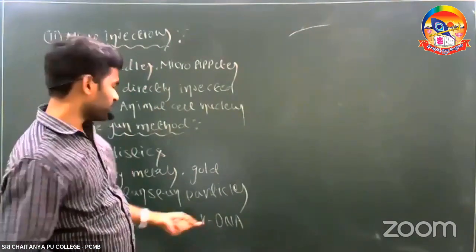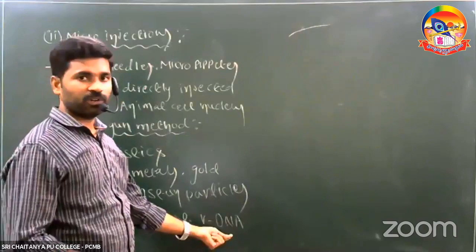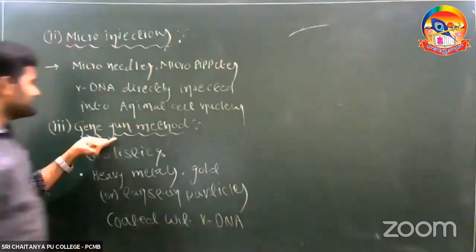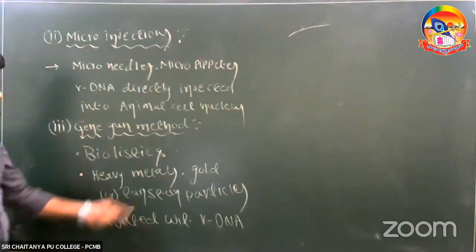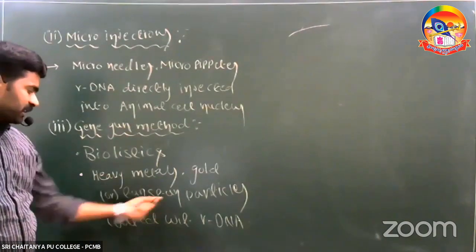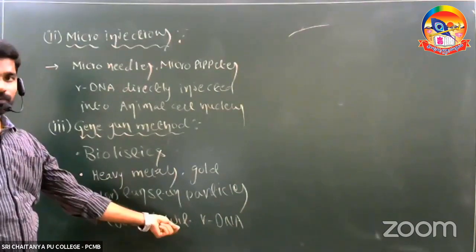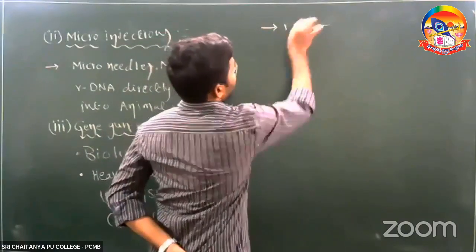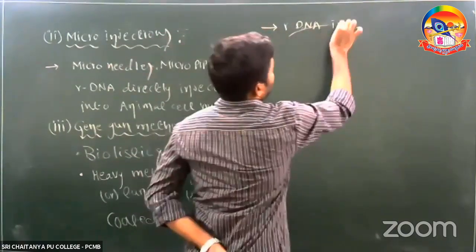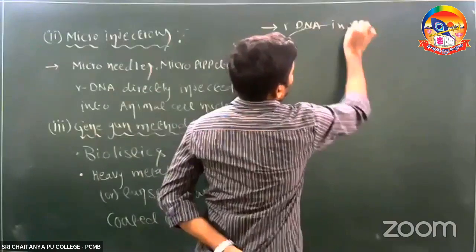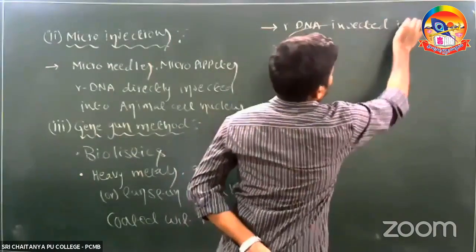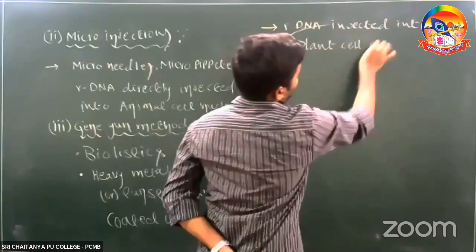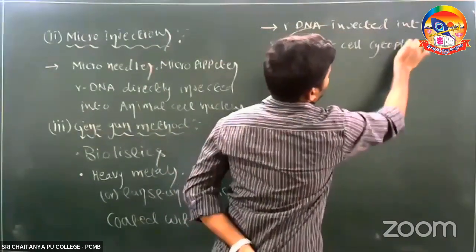But in the plant cell cytoplasm, the particle leaves the rDNA molecule and comes out from the leaf actually, right? So in the gene gun or ballistic method, heavy metals like gold or tungsten particles are coated with rDNA molecule, and directly by using the gene gun, the rDNA molecule is injected into the plant cell cytoplasm, right?